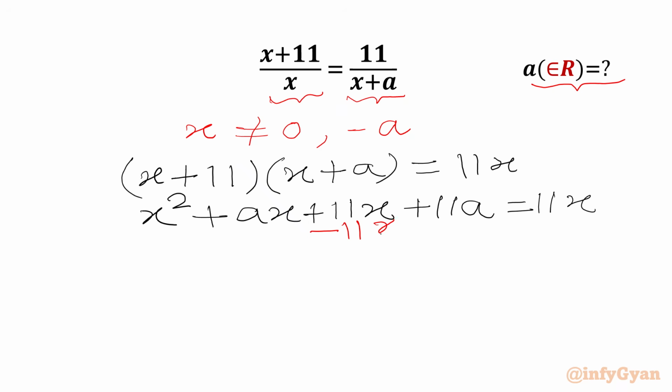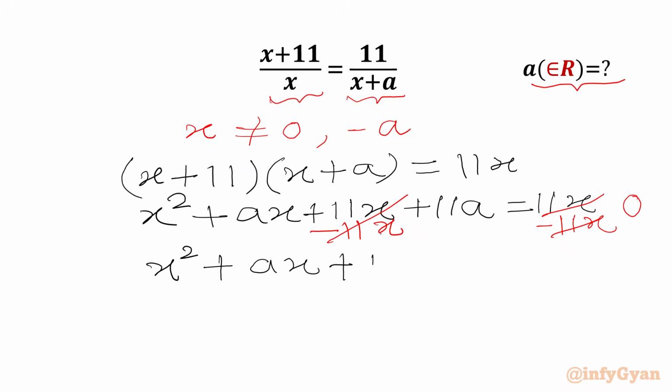So we will write here minus 11x, minus 11x. So RHS will become 0. In LHS, we will be left with x square plus ax plus 11a. And in RHS, we have 0.